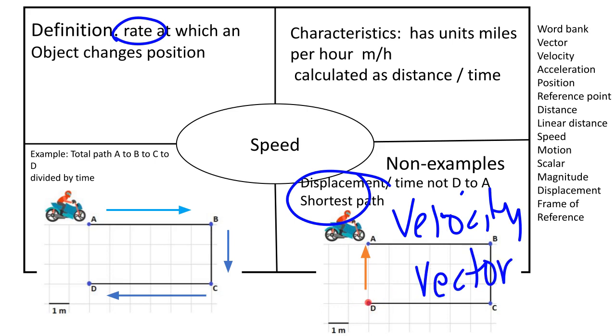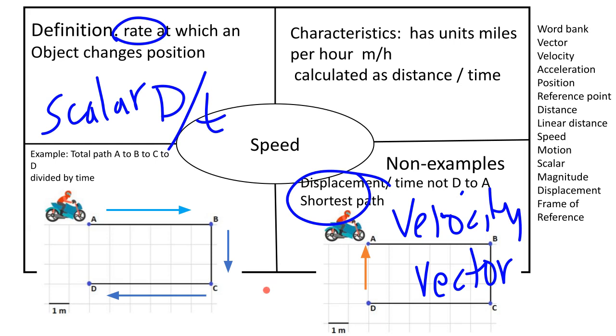So my final destination was south of A. But here we don't worry about the direction, this is a scalar quantity. Just measure the path and how much time it takes. So distance divided by time gives us the speed.